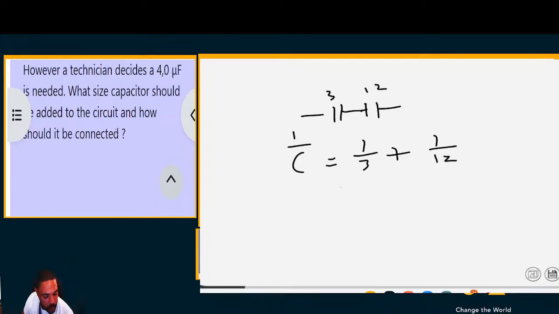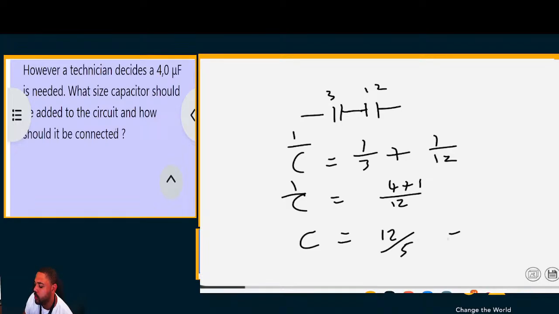That is going to be, with a common denominator of 12, 4 plus 1, so 1 over C is 5 over 12, and C is equal to 12 over 5. 12 divided by 4 is 3, so 12 divided by 5 is less than 3.